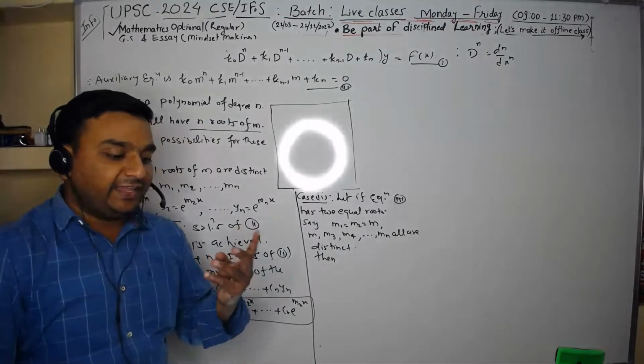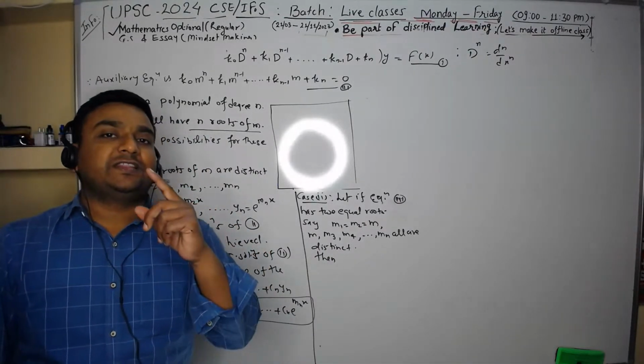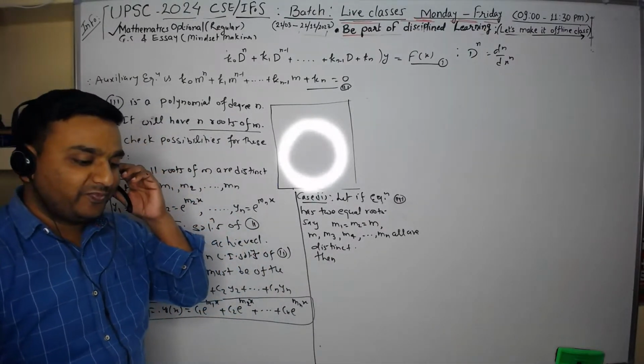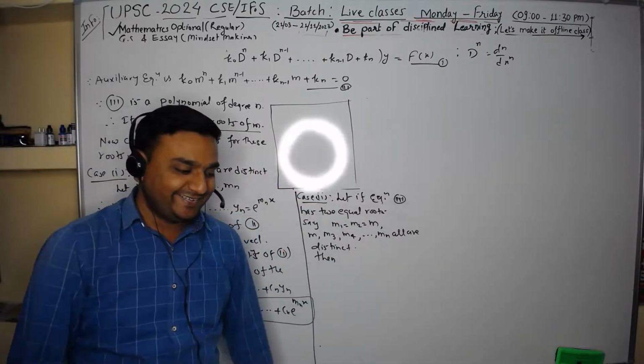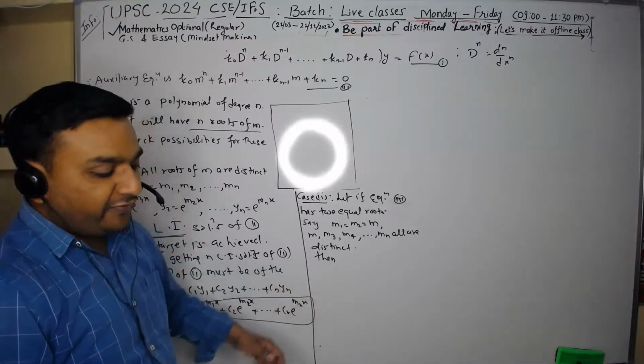When the auxiliary equation has 2 equal roots, then how do you write the CF? Please tell me, because after this I will frame a question. How do you write the CF?